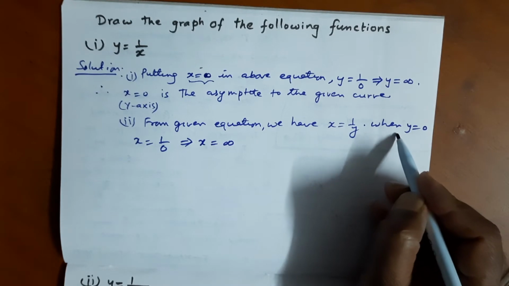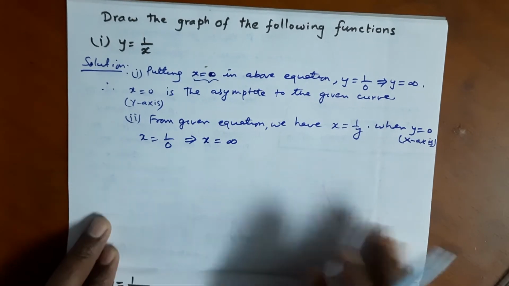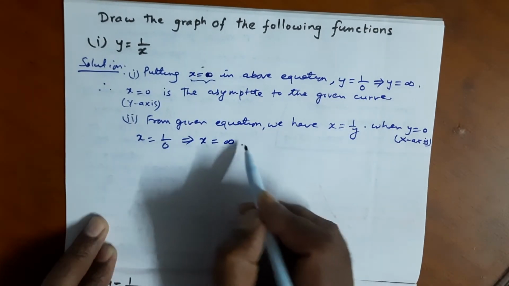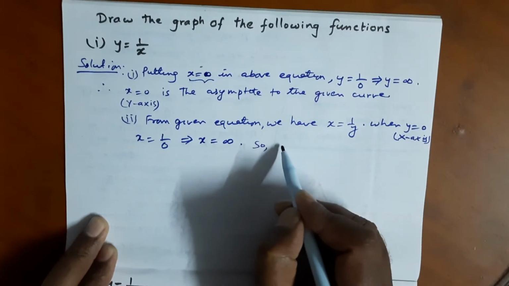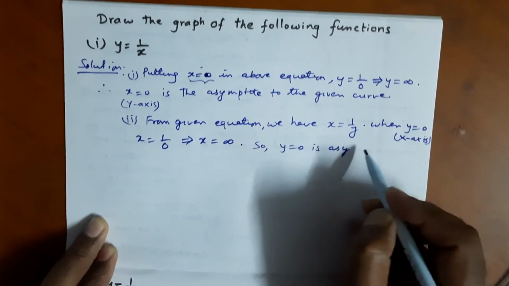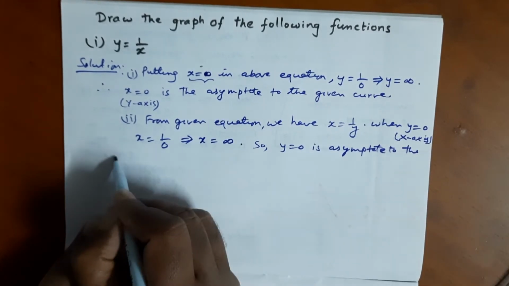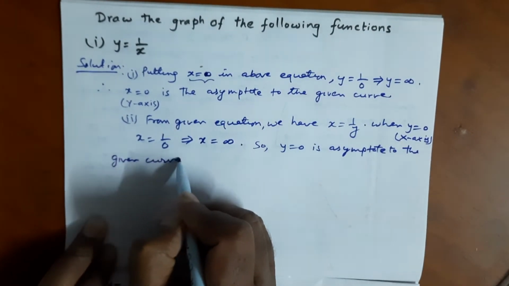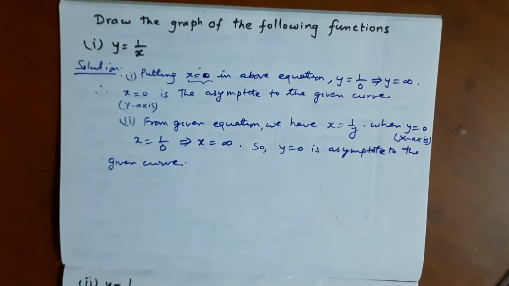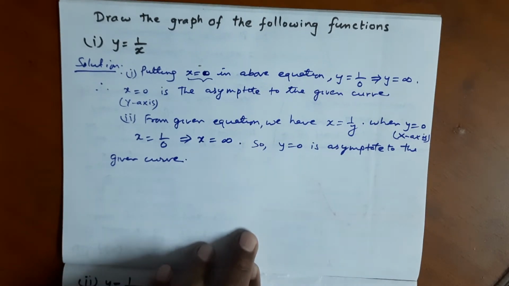This y equals 0 is actually the x-axis. So by the definition of the asymptote, y equals 0 is an asymptote to the given curve. That means it doesn't meet the x-axis at a finite distance, but it meets the x-axis only at infinity.